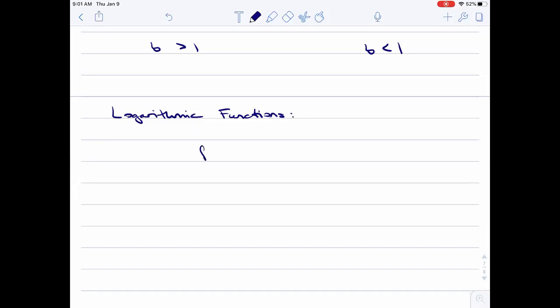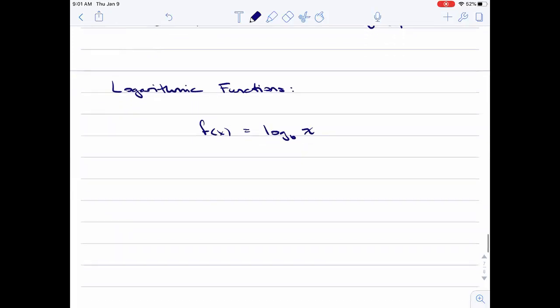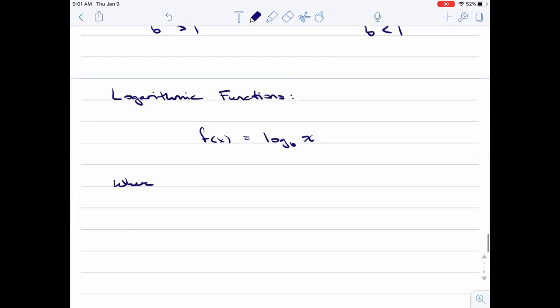But in general, they're going to look like f of x is log base b of x, where b is a positive constant.